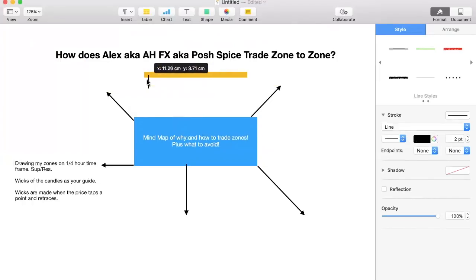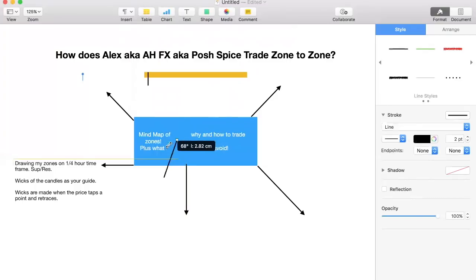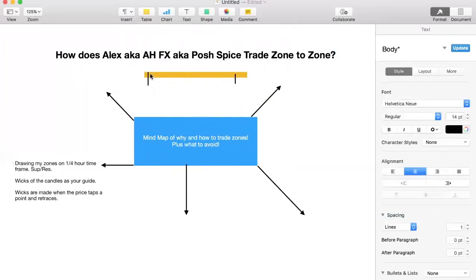There's a wick in there, and there might be another one over here. This is what you would say would potentially be your resistance, or if the wicks were the other side, you'd say it was your support. That's how you draw it.